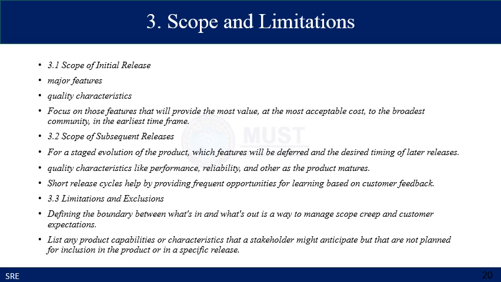So you have to specify initially the scope of the first release along with the major features, quality characteristics, and in this statement you have to focus on those features that will provide the most value in the current release at the most acceptable cost to the broadest community in the earliest time frame.